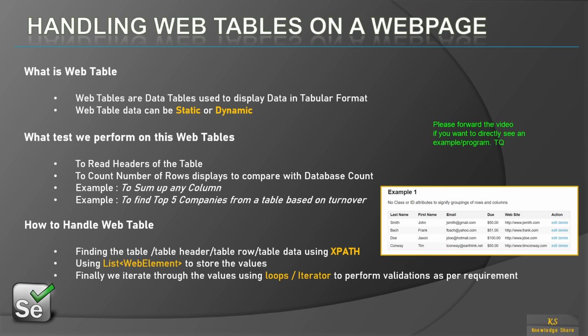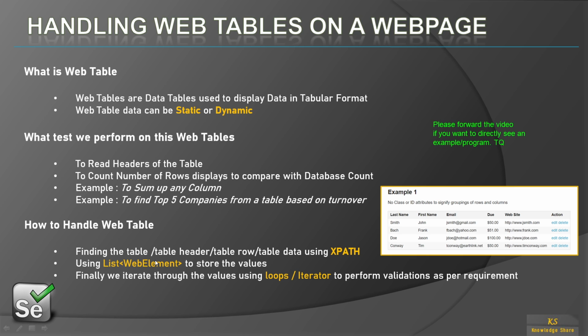Another example is to sum up any column. For example, if you have an amount and you have to sum up those amounts, then you will use web tables for these validations. Also if your requirement is to get the top 5 companies from a table based on a turnover column or an amount, then you will be using these web tables.